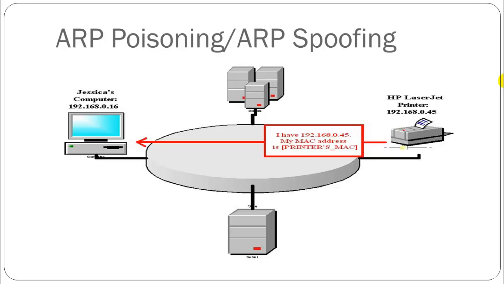ARP is very trusting, or to be specific, gullible. When a network device sends an ARP request, it simply trusts that the reply really does come from the correct device. ARP provides no way to verify that the responding device is really who it says it is.